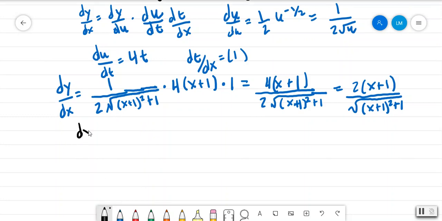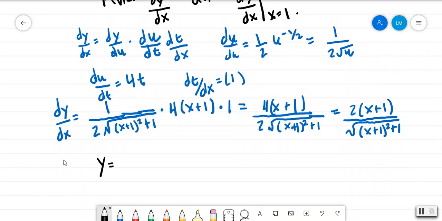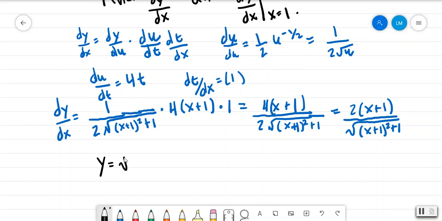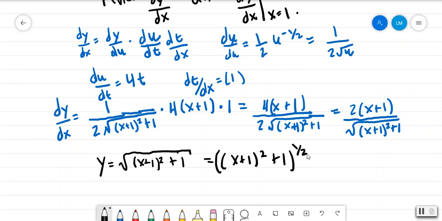If we would have just written y, then y would look like the square root of (x plus 1) to the second power plus 1, and from there I would just take the derivative of this. That's really just (x plus 1) squared plus 1, all to the 1/2.